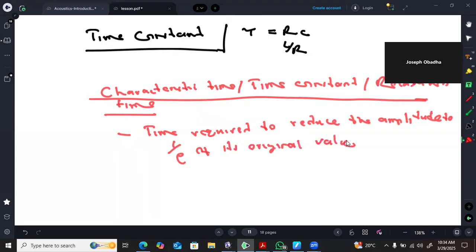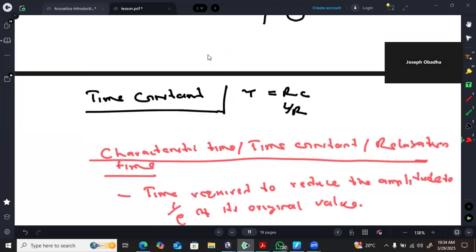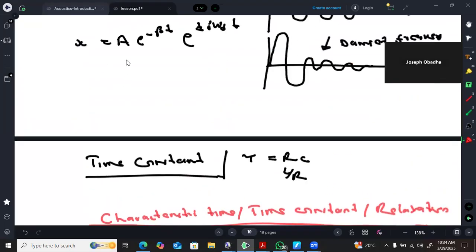So if you look at this damped amplitude, A e to the minus beta t, when would it be equal to 1 over e of its original value, 1 over e of A? What value of t?